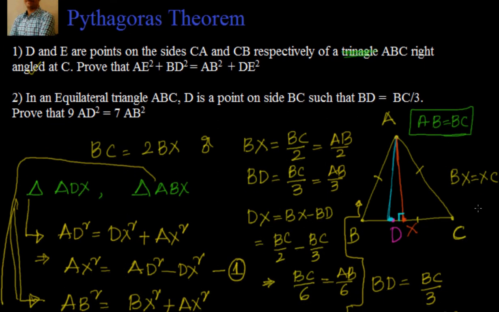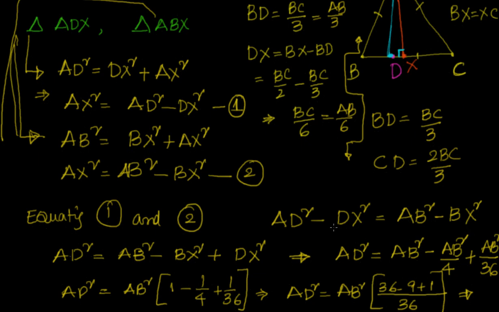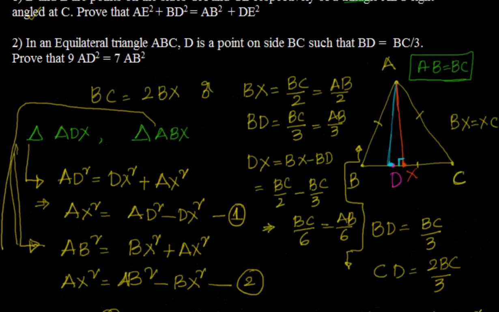Once you drop the perpendicular, you will see that AD and AB are hypotenuses of two different triangles, where AX is the perpendicular, and we found BD and DX in terms of AB. Now it's time to substitute them. AD square equals AB square minus BX square plus DX square. We know BX, we know DX, I can just go ahead and substitute them.